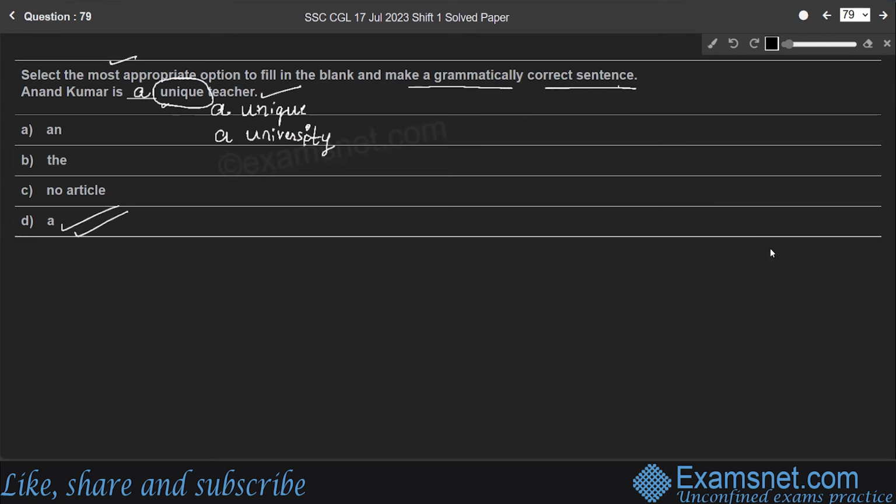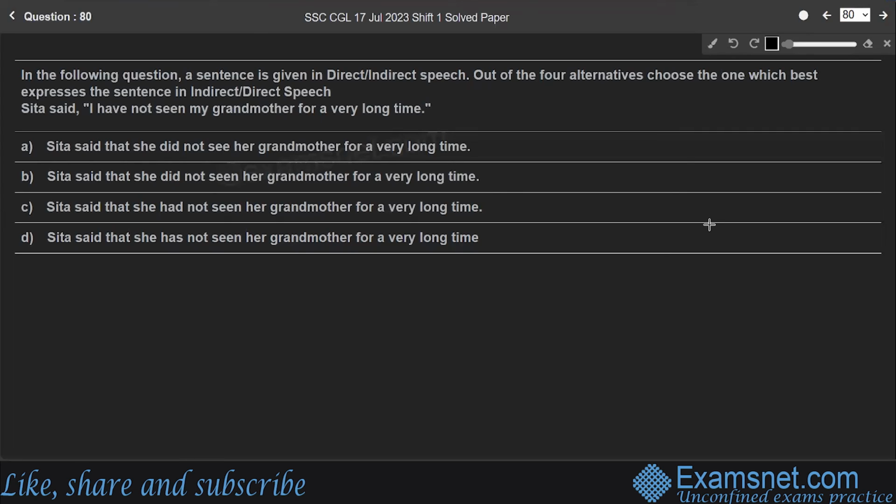Question 80. In the following question, a sentence is given in direct or indirect speech. Out of the 4 alternatives, choose the one which best expresses the sentence in direct or indirect speech. So the sentence is, Sita said, I have not seen my grandmother for a very long time.